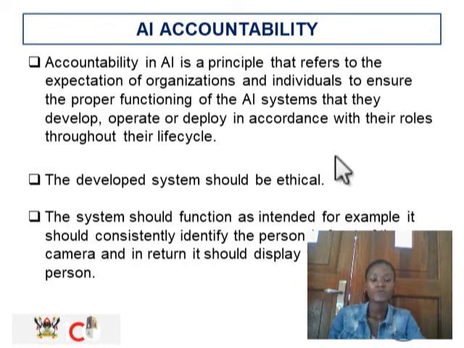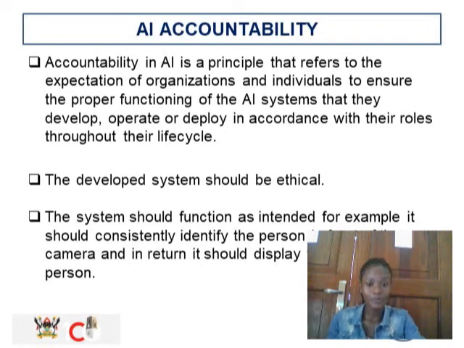Basically, under AI accountability, who is accountable, who is responsible for the operation of the AI system that you've developed? In case it fails or misbehaves, who is responsible for the system's failure?